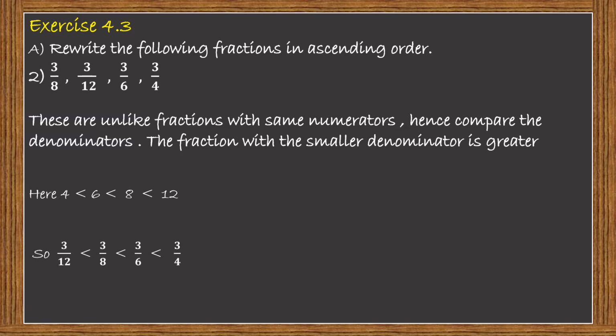So what answer will we write down? 3 upon 12 we will take first, then 3 upon 8, then 3 upon 6 and then 3 upon 4. As 3 upon 4 is the greatest one, the greatest should come at the end. So by this rule, 3 upon 12 is less than 3 upon 8 is less than 3 upon 6 is less than 3 upon 4. Have you understood? Let's take the next example.